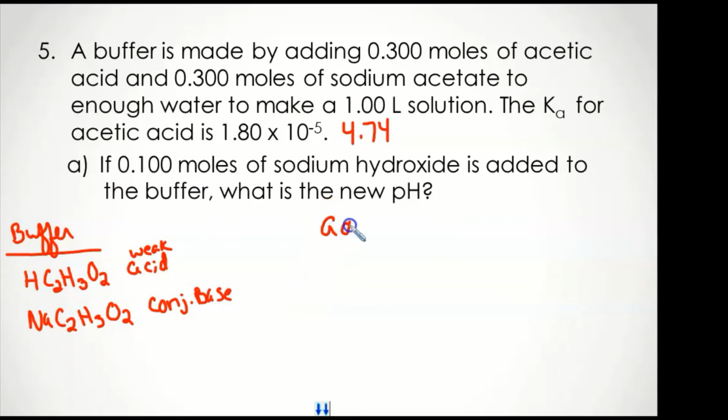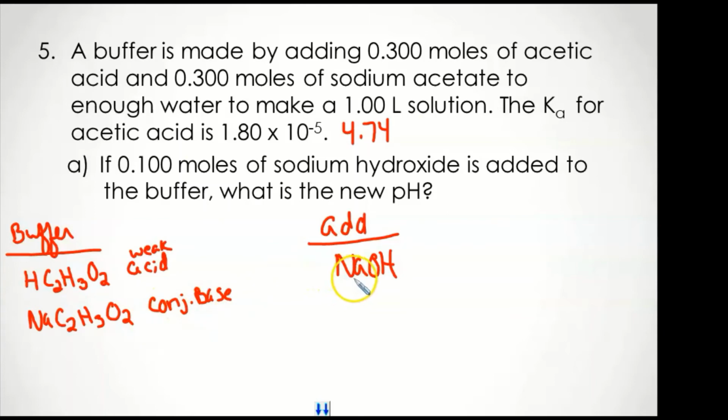So what I'm adding into it is now sodium hydroxide. So what I need to do is figure out what reaction to write here. I know the sodium hydroxide is going to react with one of these two things. Sodium hydroxide is a base, and a base is not going to react with a conjugate base.